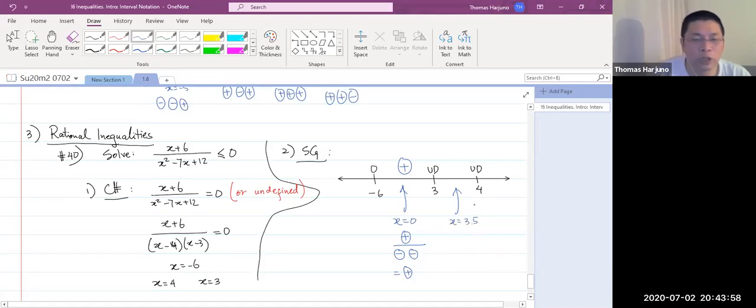But don't worry, we don't need to compute that precisely. We just need the sign, right? So 3.5 plus 6 on the top, that would be positive. 3.5 minus 4, that's negative. 3.5 minus 3 is positive. Overall, that's negative.